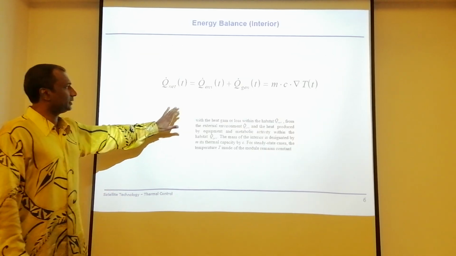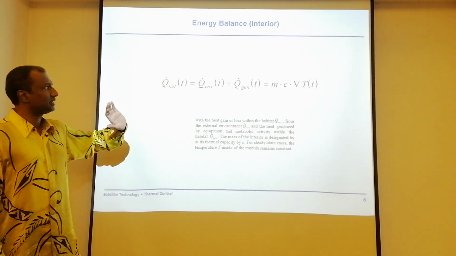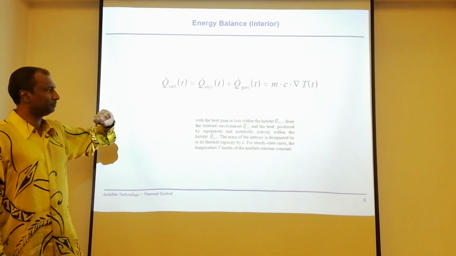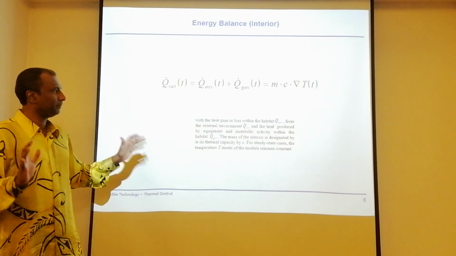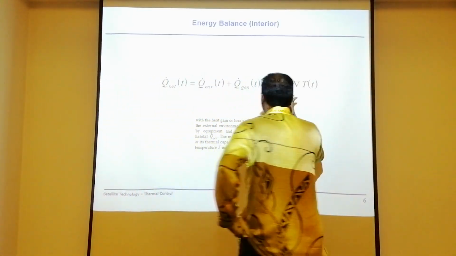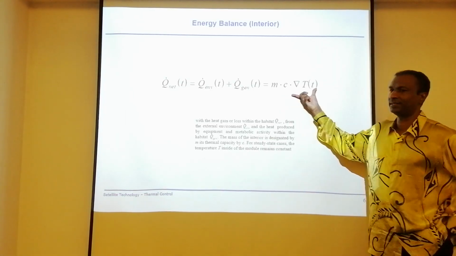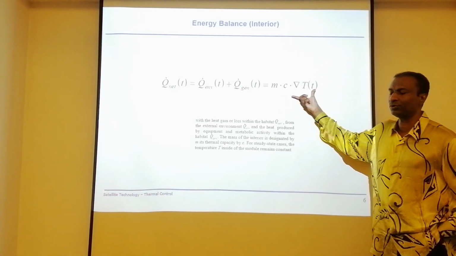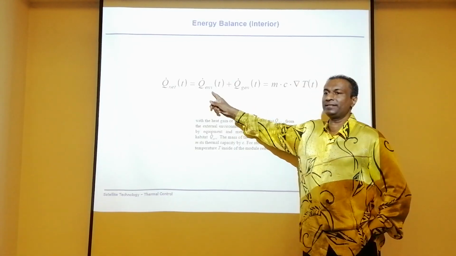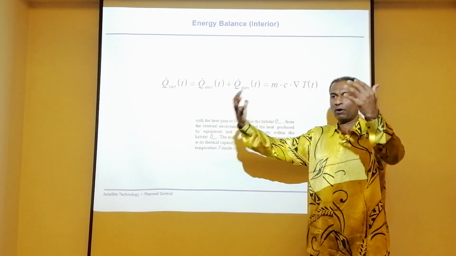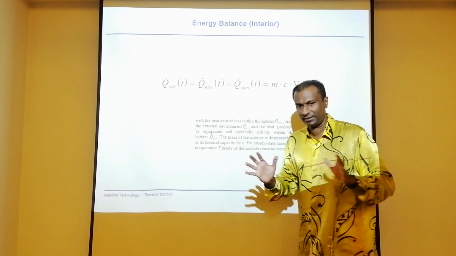Right. Now, what exactly is it? You must understand there's an energy balance. No matter what we speak, the actual heat, the net heat, how you are going to calculate it, is nothing but the heat which comes from outside. Now imagine this is a satellite.